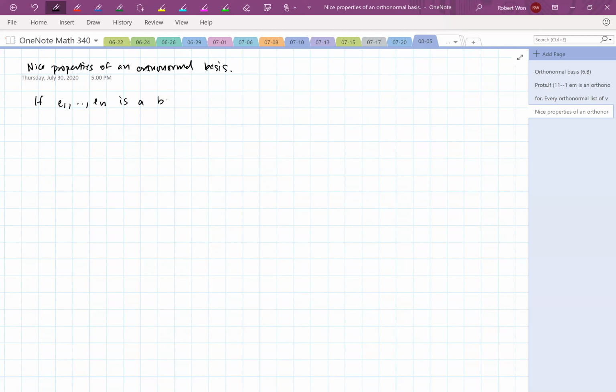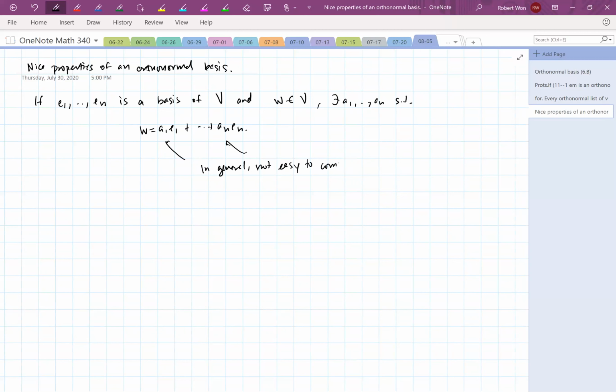If this is just any basis of V and w is in V, then we know that there's a unique way to write w as a linear combination of the basis vectors. There exist a1 through an such that w is a1 e1 up through an en. But in general, if you just take a general basis, it's not that easy to figure out the scalars a1 up through an. In general, not easy to compute.